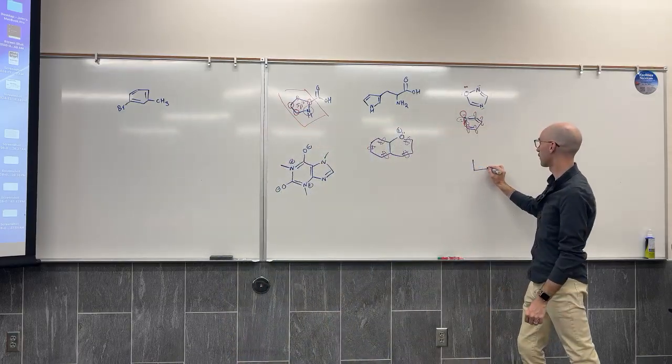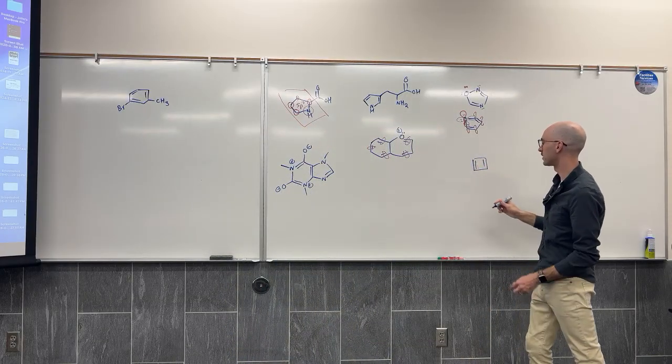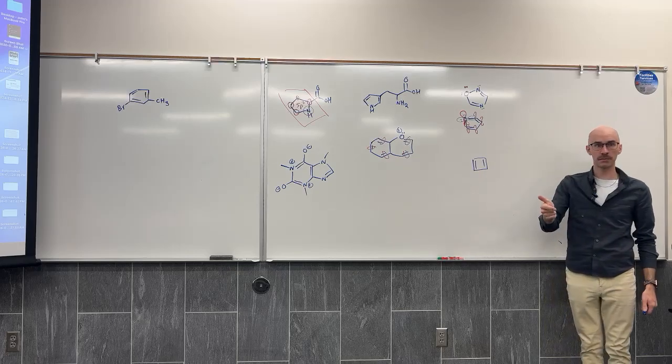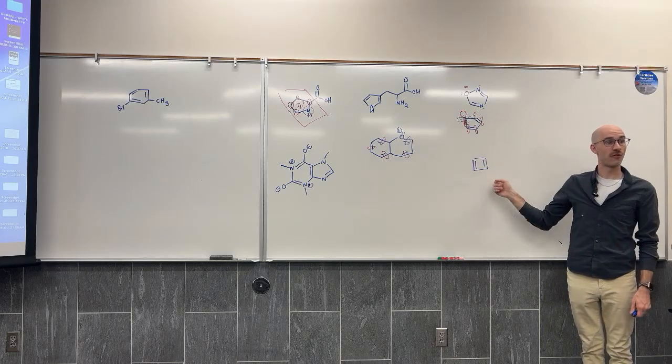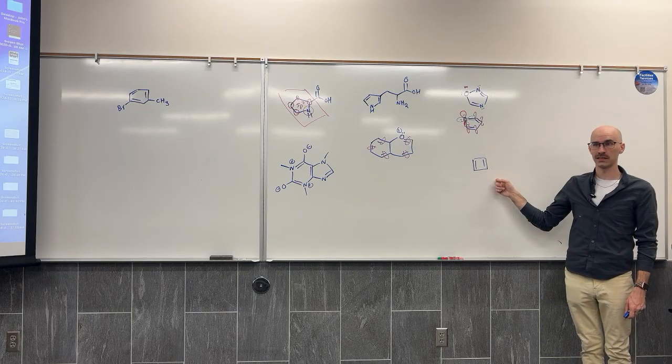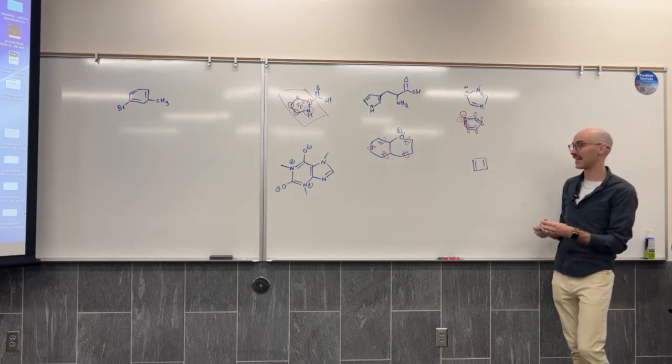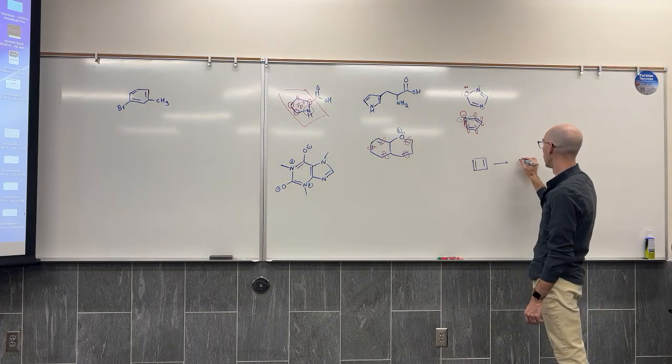If we look at cyclobutadiene: cyclic, planar, fully conjugated, 4n pi electrons, anti-aromatic. Cyclobutadiene exists, and it actually doesn't exist as an anti-aromatic system.